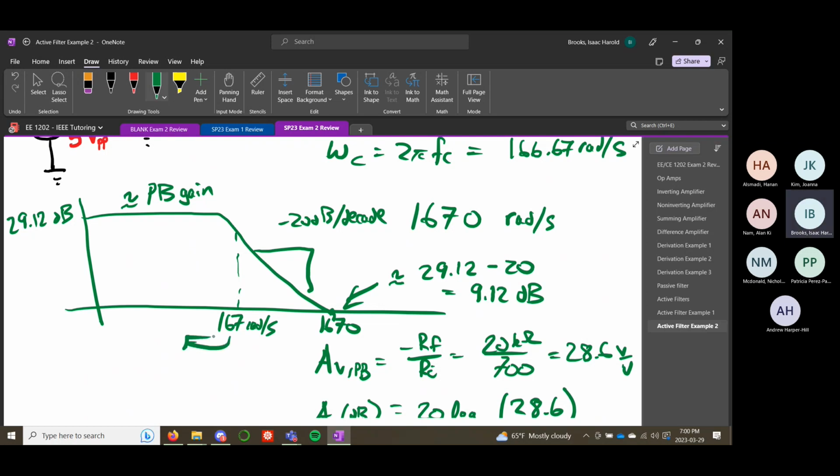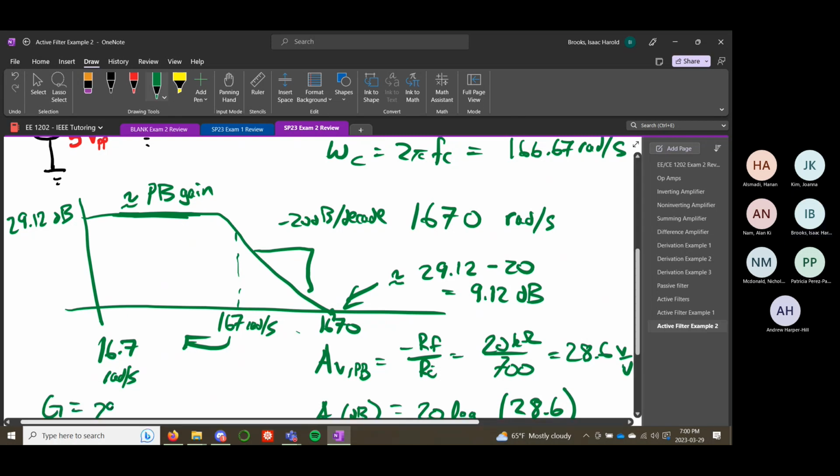And if we were to go one order of magnitude to the left, 16.7 radians per second, we would not add 20 decibels. We would be solidly within our passband, so we'd say that the gain is 29.12 decibels.